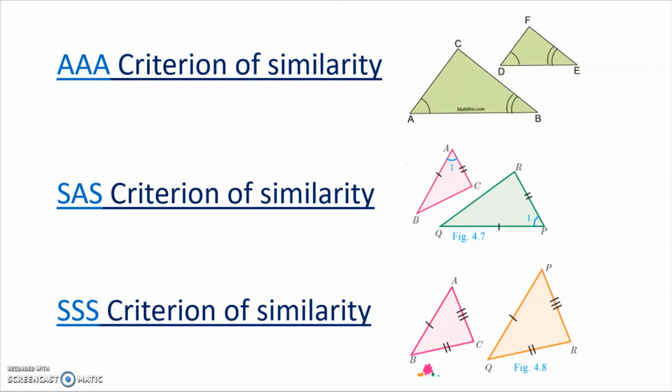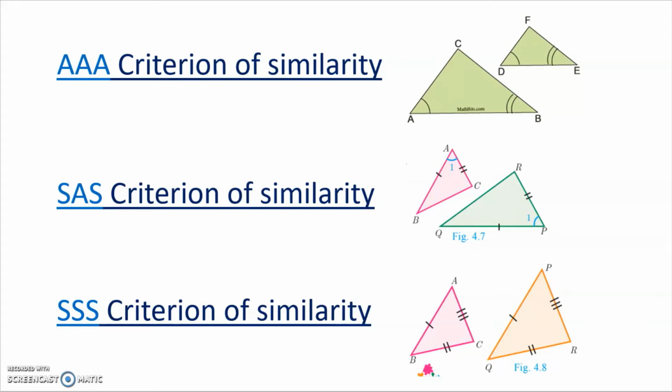The second criterion is the SAS criterion, where two sides and the angle in between them are considered: the angles are the same and the sides adjacent to the angles are proportionate to each other. The last is the SSS criterion, where all three sides are proportionate to each other.